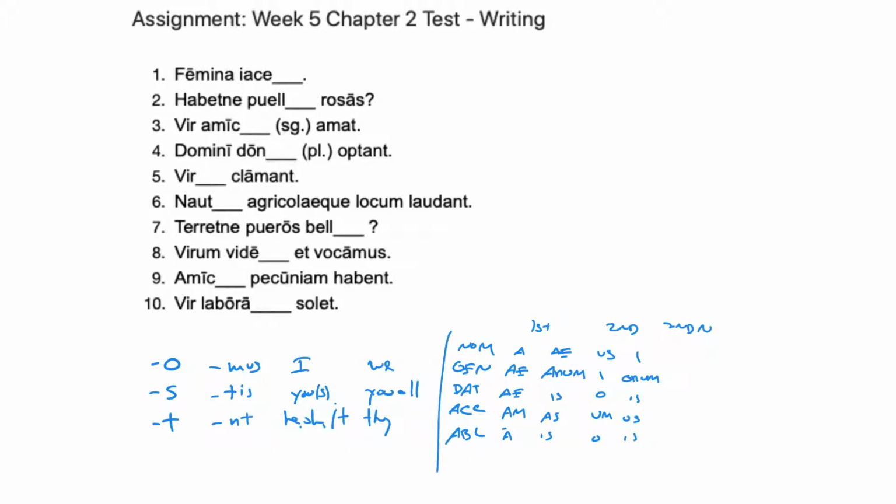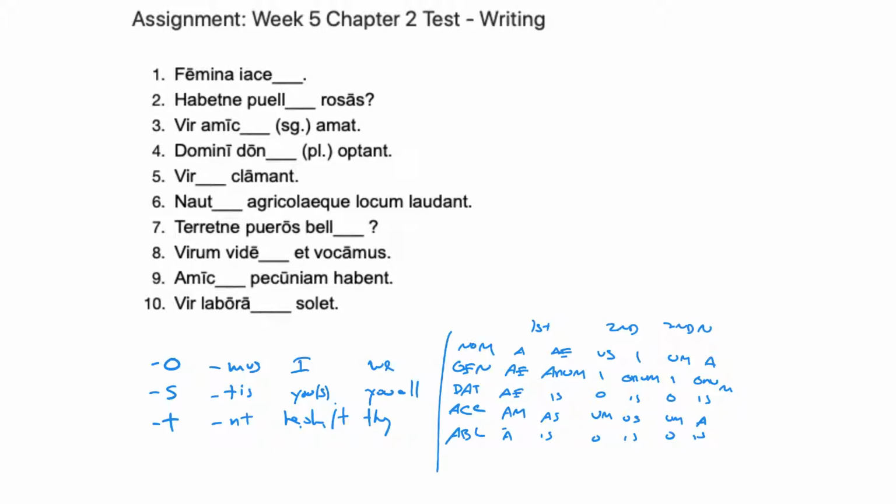And for second neuter, they're going to be the same, so um, i, o, um, o, oh boy, there's an m in there. Sorry about that. Plural a, orum, is, a, is. All right. So as I said, it's good for you to see those. We're going to be seeing them more later.